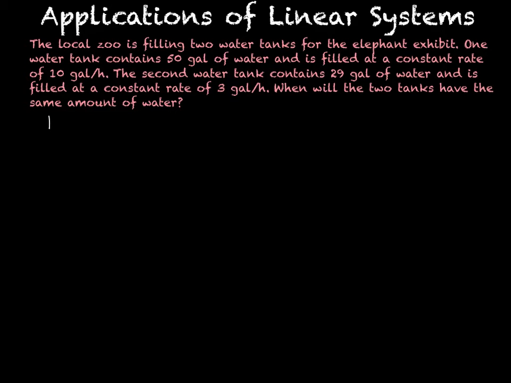So we're going to say tank 1. Okay, so tank 1, we're going to have our amount, which is going to equal, starts with 50, and then we're adding 10 gallons per hour. So x is hours, and y is gallons in my scenario here.